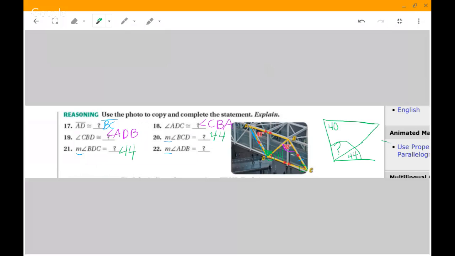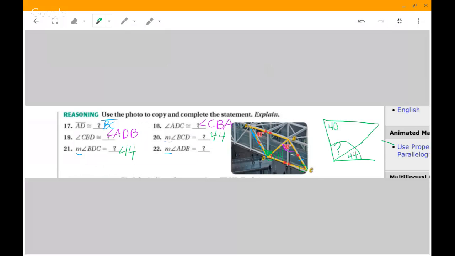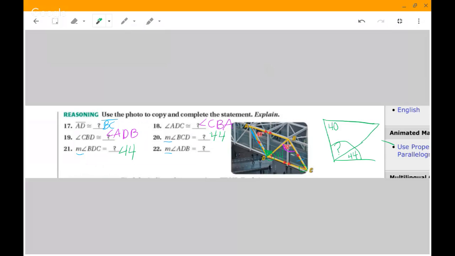So 40 plus 44 is 84, minus 180, 96 is what's left. Would I do 96 minus 44? You sure it's 96? Yeah, should be. Let's see. What's your interior? 52.